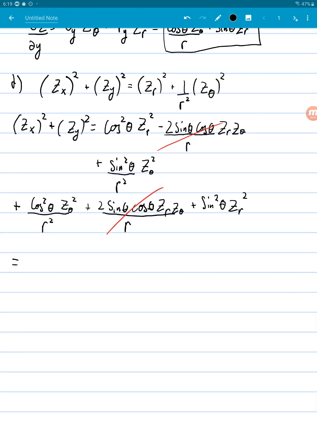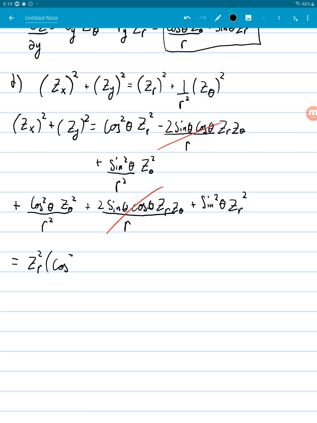Then, if we collect terms, looking first at the terms involving zr squared, we'd get zr squared times cos squared theta from this term, and we'll have plus sine squared theta from this term.